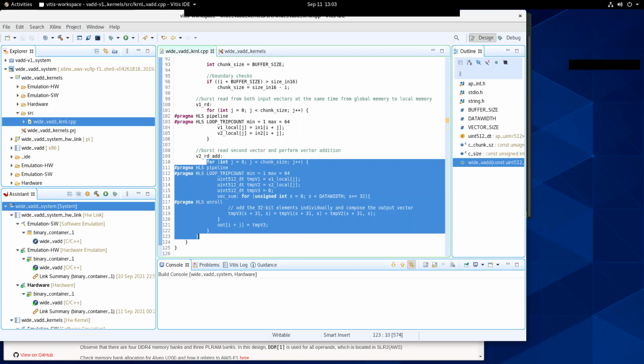We are adding one element in the vector side by side. And line number 117 is very interesting because we are telling the compiler, the HLS compiler, to unroll the loop. We are not telling it to completely unroll, we are just telling it to unroll, but I think the compiler will be able to figure out that it can completely unroll the loop and do all the 16 additions.